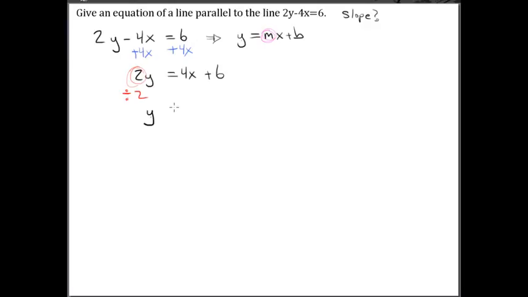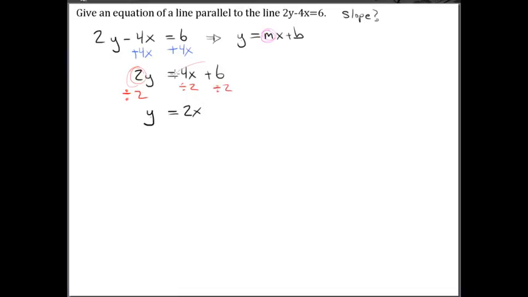But if I'm dividing my left-hand side, I've got to divide the right-hand side. So 4x gets divided by 2, and it gives us 2x. And 6 gets divided by 2.